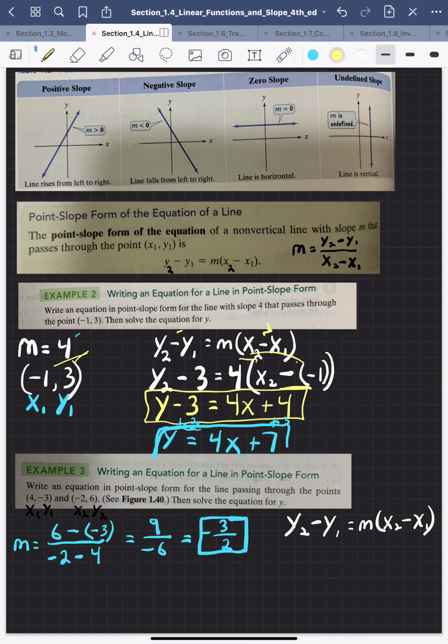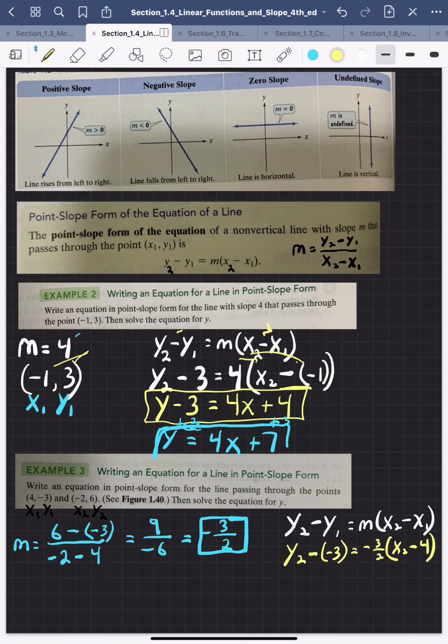And let's go. So that's going to be y sub 2 minus y sub 1, which is negative 3. It's going to be equal to, m is negative 3 over 2. And that's going to be x sub 2 minus, and what is x sub 1? 4. Okay, so ready?